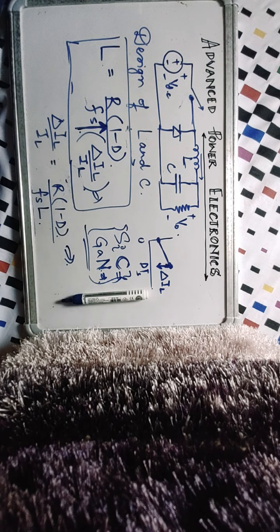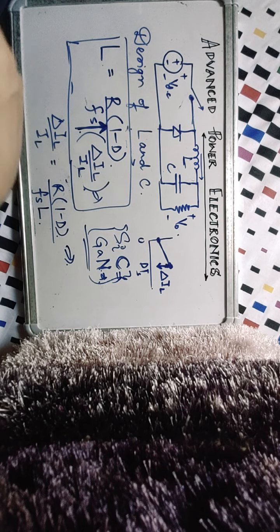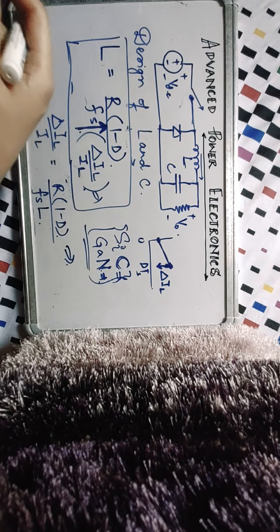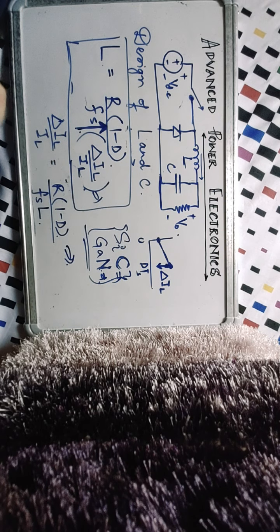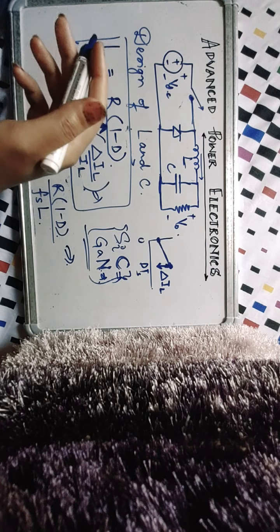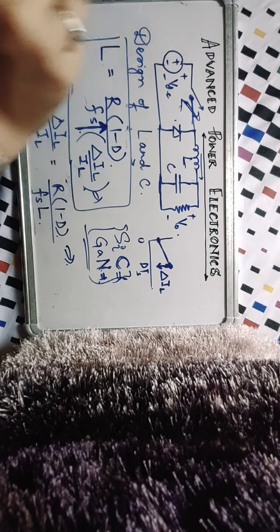Such devices can be switched even up to the megahertz range. And when you switch them at very, very high frequency, the advantage is that your L and C are drastically reduced. It helps you in miniaturizing the circuit more and more. So this is one of the most important aspects of power electronics, that you should know how high you can go. But you also should not increase the switching frequency so much that you burn your device by creating power loss.